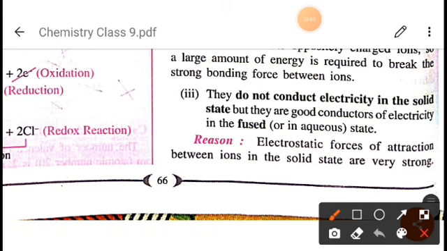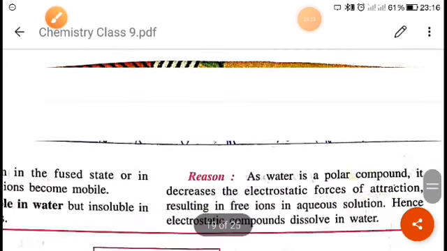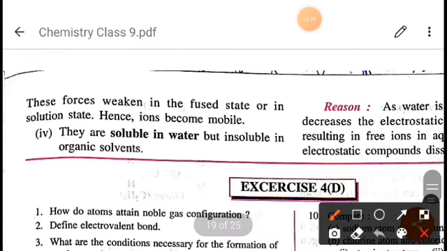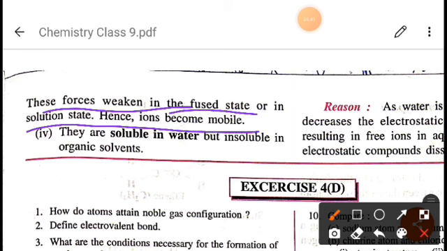So at that time there are free ions, and they will conduct electricity. As you can see, the electrostatic force of attraction between the ions in the solid state is very strong, and in the fused state it is weakened. In the fused state or in solution the force weakens, and hence the ions become mobile, as I have already told you.